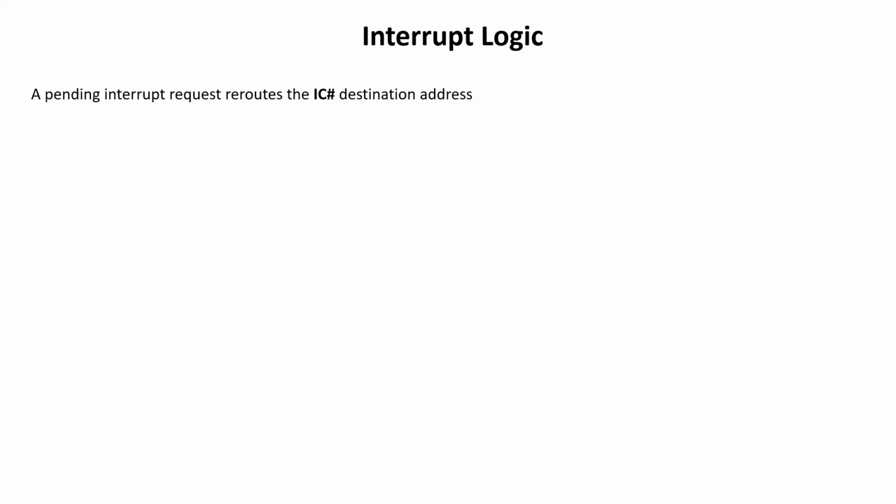That interrupt logic is implemented by rerouting the IC destination address. So normally the IC control line tells the microcode step counter to load the address of the fetch code, but in case of a pending interrupt, that rerouting is to a special interrupt code.